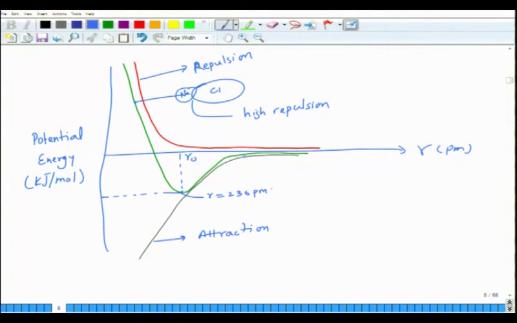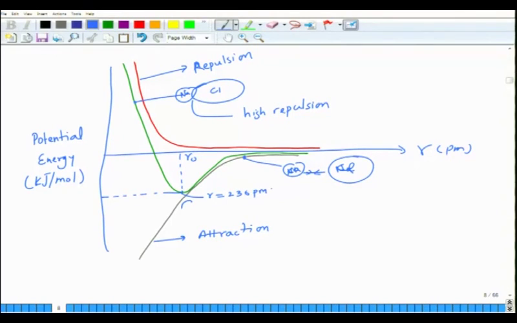If you come somewhere here, then it would mean a situation like this, NaCl. They will tend to attract, but then they are too far off, so they become like isolated atoms. Chlorine is somewhere there, sodium is there, there is attraction, but that is a weak attraction, and then you are somewhere here. That is where sodium and chlorine are happily without squashing each other.